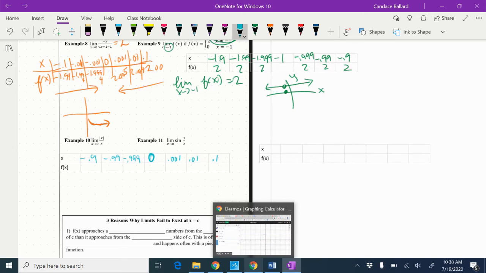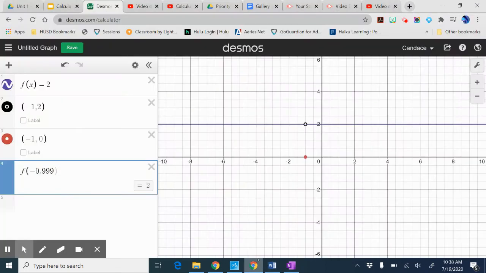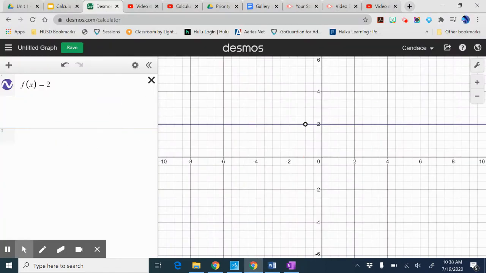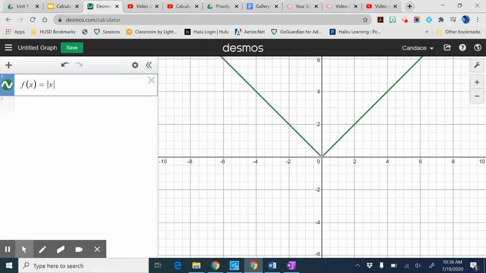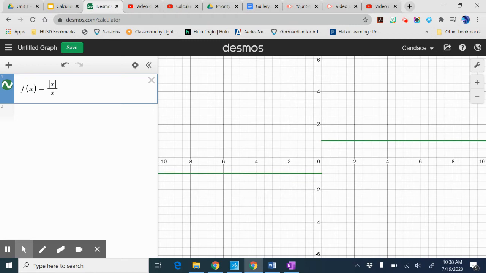So the absolute value of x over x is what I'm going to graph here. So I'm going to get rid of what I had before. So f of x equals the absolute value of x divided by x. An interesting graph, okay? And we're going to go ahead and put our values in there. So f of negative, I put the wrong number, didn't I?